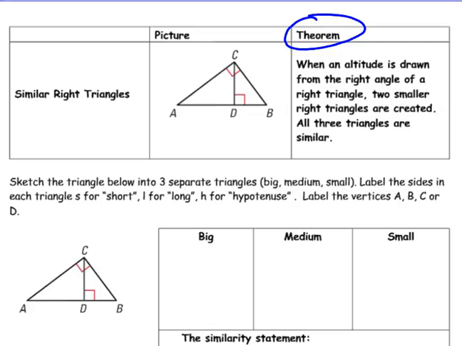So it says, when an altitude is drawn from the right angle of a right triangle, two smaller right triangles are created, and all three triangles are similar. So I think you guys notice the large right triangle. We have the large right triangle right here.